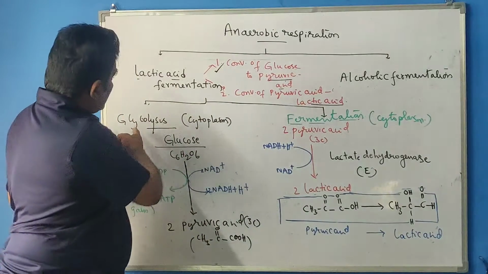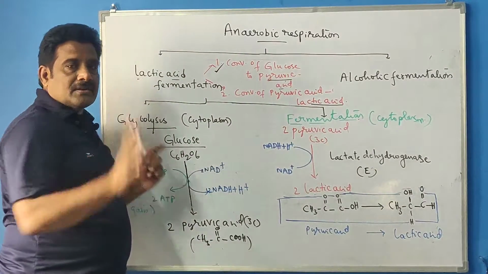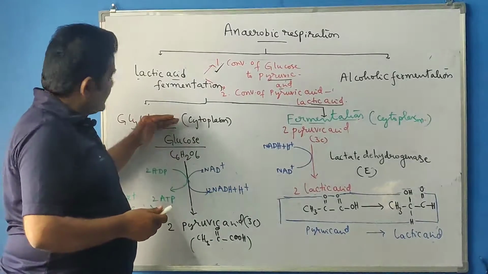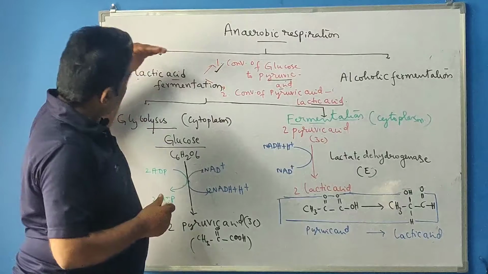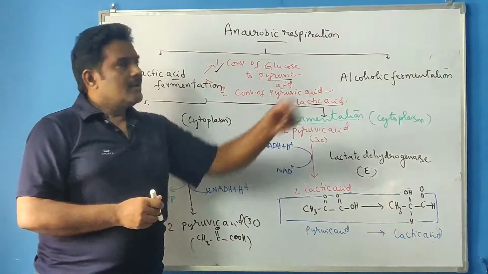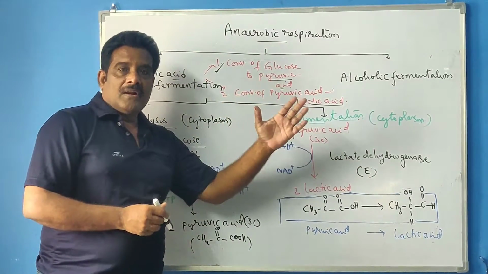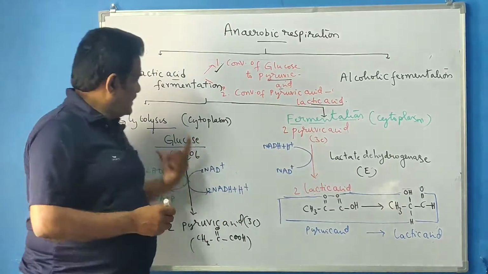But here one point you have to understand: glycolysis is the first phase of oxidation. So this is common for aerobic and anaerobic respiration. So under anaerobic respiration, lactic acid formation, and also alcoholic fermentation, the common phase of oxidation is glycolysis.